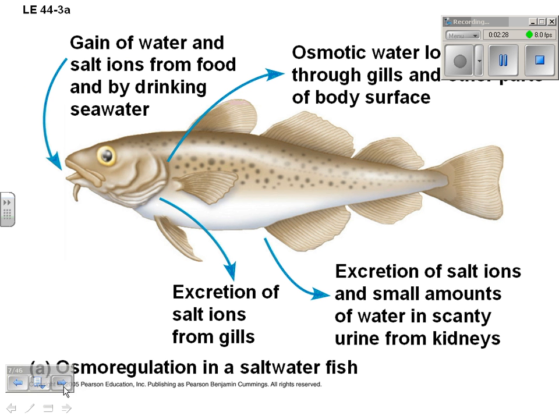And I have a couple slides here to show you that. Here's a marine fish, a saltwater fish. The problem for a saltwater fish is that their internal environment is hypotonic to their outward environment. So they constantly have to be getting rid of salt. They can excrete it from their gills. They want to pump salt out to keep water in.